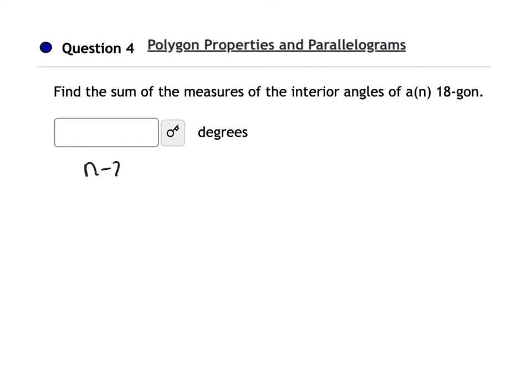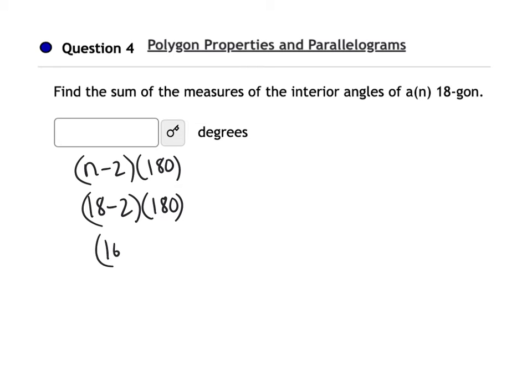N minus 2 times 180 is 18 minus 2 times 180, which is 16 times 180. You go to the calculator, 16 times 180 is 2,880 degrees.